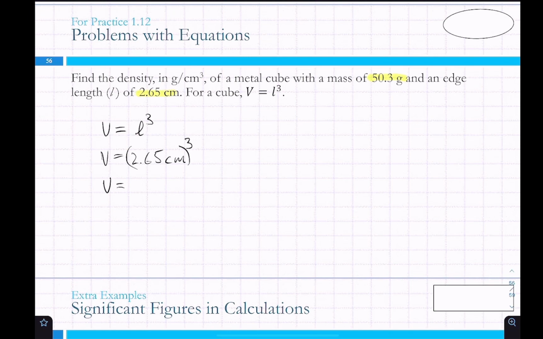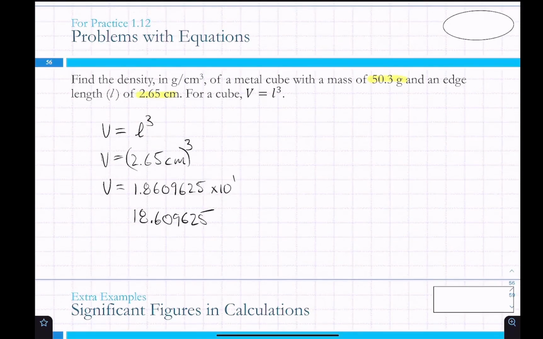So the volume of the cube is going to be 1.860965 times 10 to the 1, because my calculator is in scientific notation. So it's automatically giving me this, but it's 18.609625. And the units on this are going to be centimeters cubed.